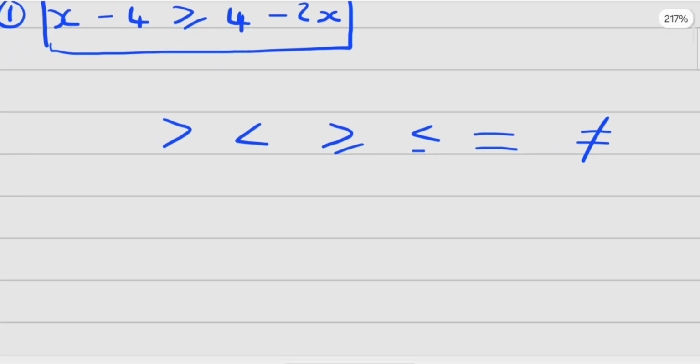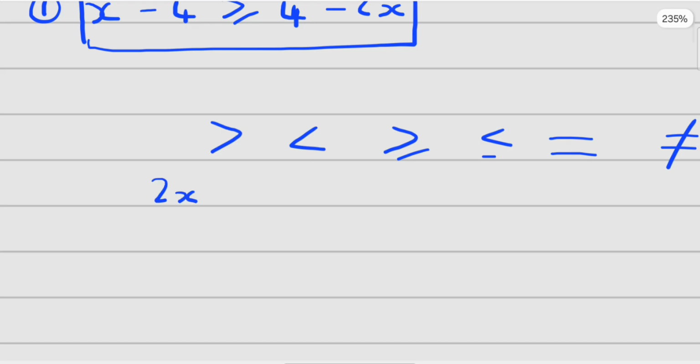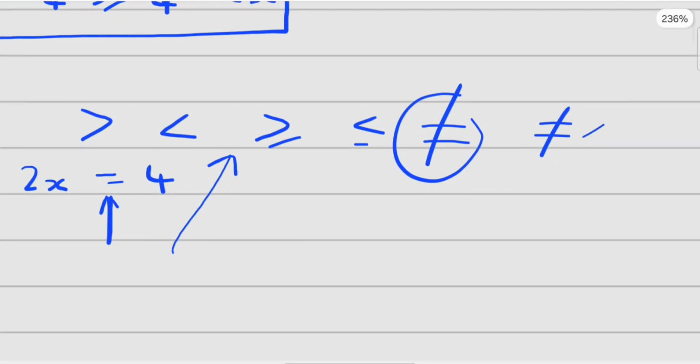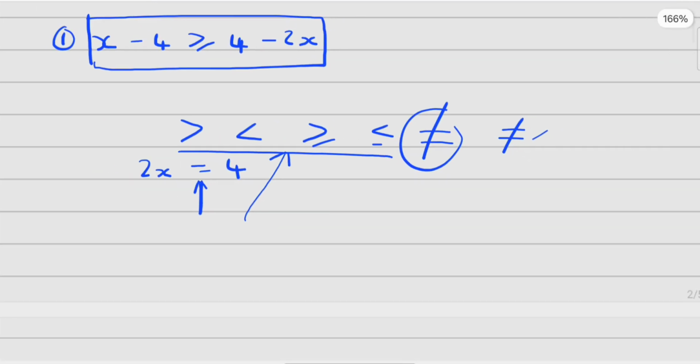So if we have, for example, 2x is equal to maybe 4 like this, we call this an equation, right? It's a linear equation. But if we replace this equal sign with any of these, which is not this one obviously, that makes it an inequality, right?